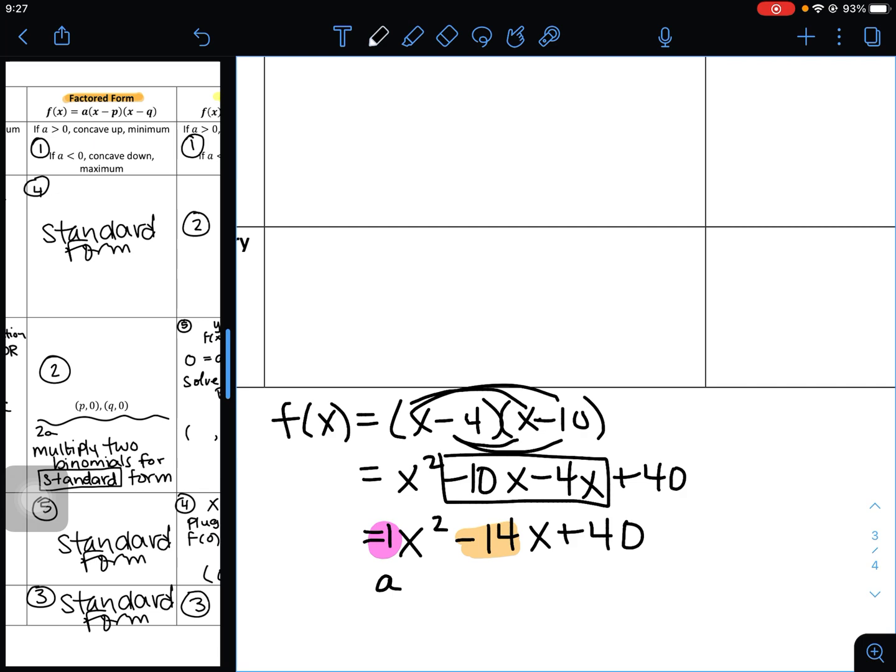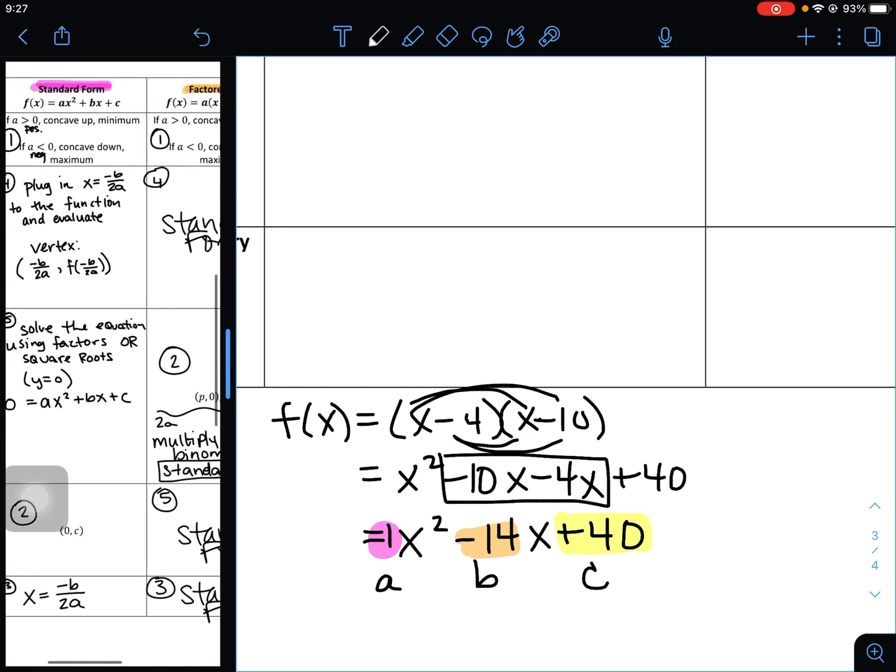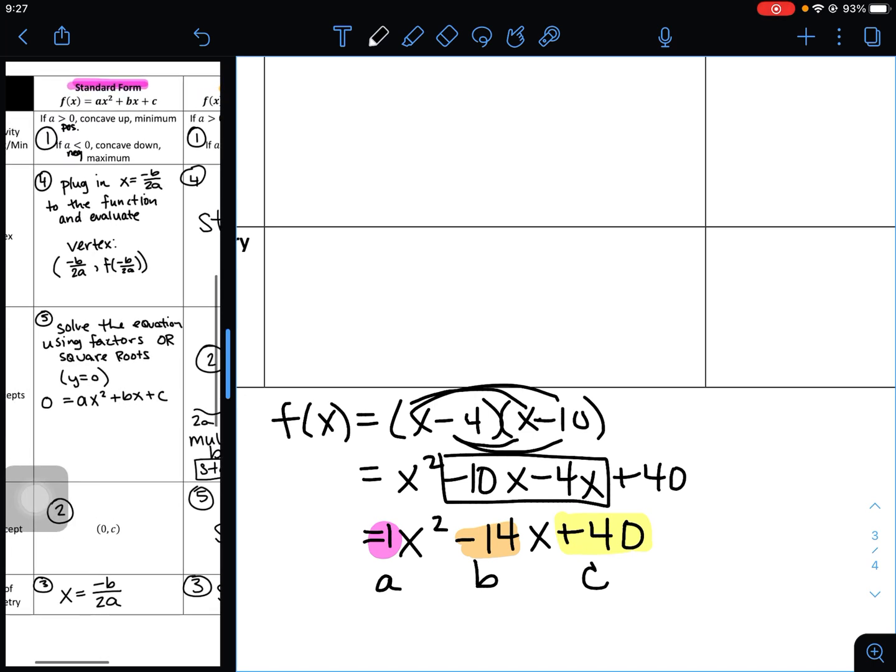And c is positive 40. Notice that I highlight the number along with its sign, whether it's positive or negative, but not the variable. We only want those numbers. Those coefficients are our a's, b's, and c's. So I can really almost ignore that factored form column now and go straight back to standard form, because that's what's going to help us here.